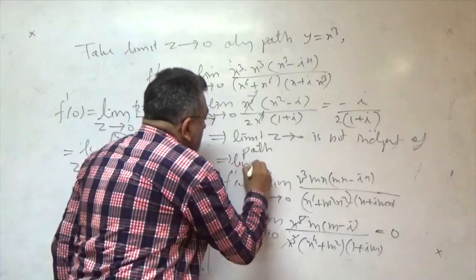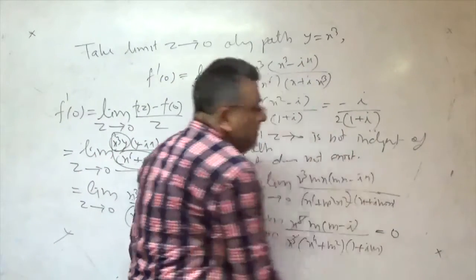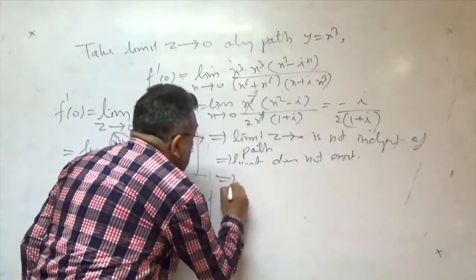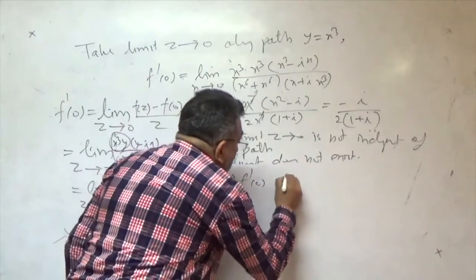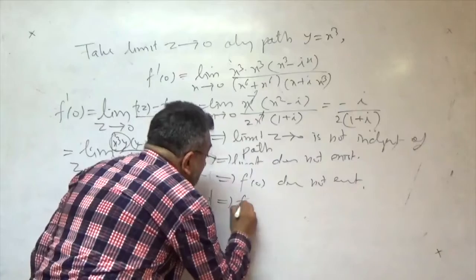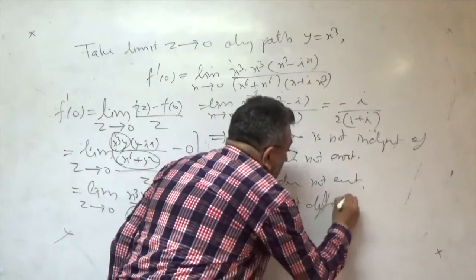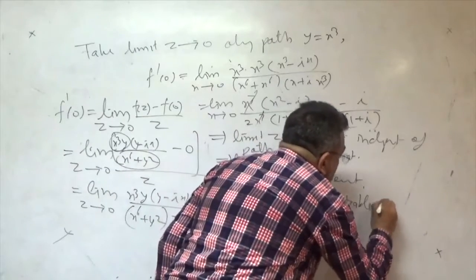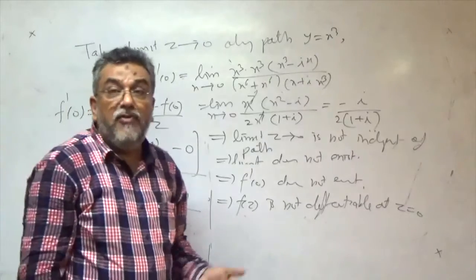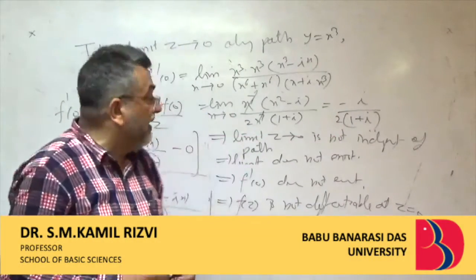So the limit does not exist, and hence f dash 0 does not exist. In other words, we can say that f(z) is not differentiable at z equal to 0.